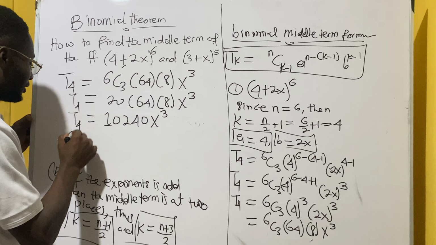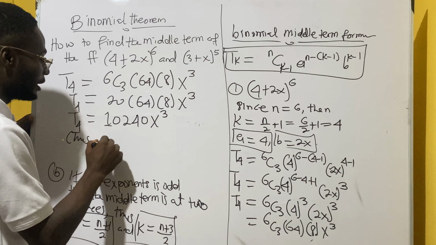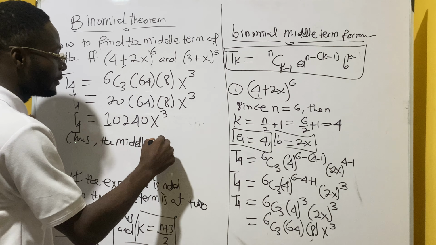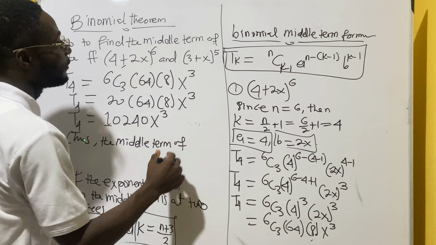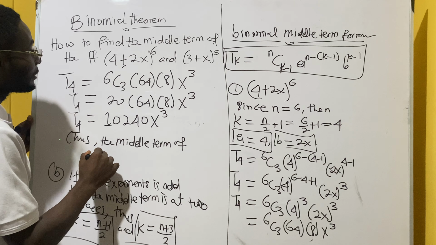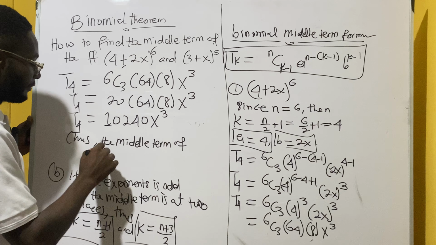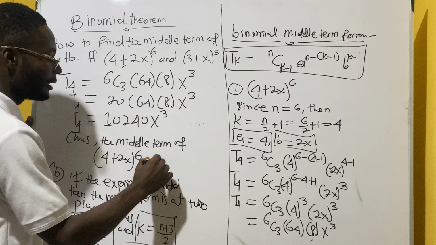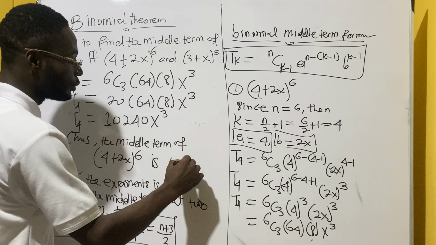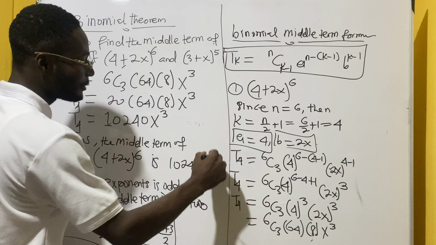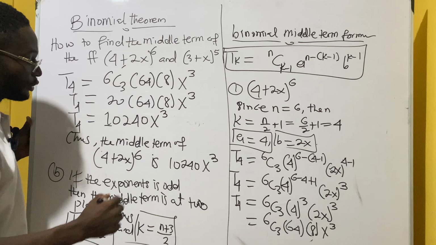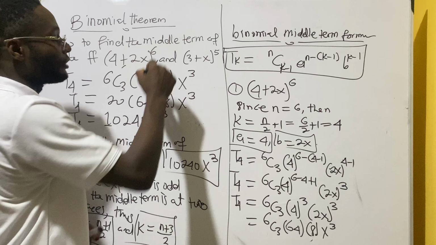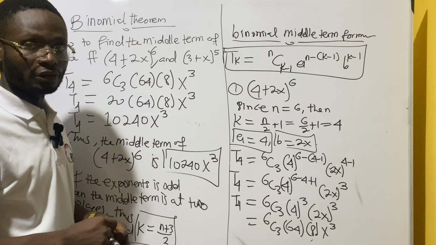So that's the middle term of 4 plus 2x exponent 6, which is 10240 x exponent 3. So that is the middle term to this particular binomial expansion.